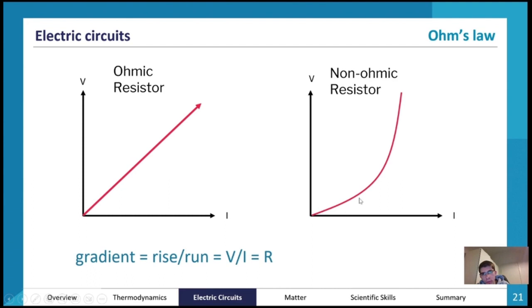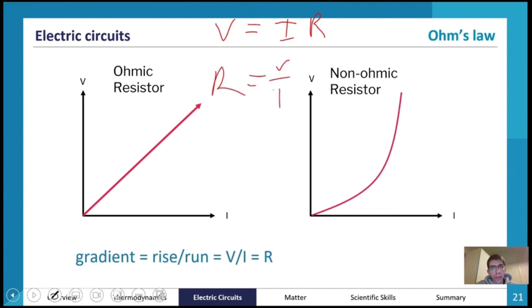Whereas for non-ohmic resistors, the resistance increases disproportionately with an increase in voltage. So this comes off the equation V equals IR, and it's saying that resistance is voltage divided by current. So if you were to graph voltage and current, you would obtain these two graphs, one for an ohmic resistor and one for a non-ohmic resistor.